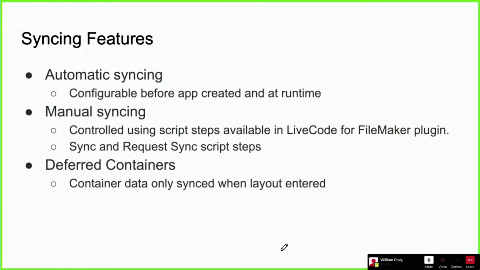For automatic syncing, there's also a few script steps such as enable and disable. This is configurable both at compile time and at runtime, whether you want to automatically sync. The other option that we'll see later on in the week is manual syncing.